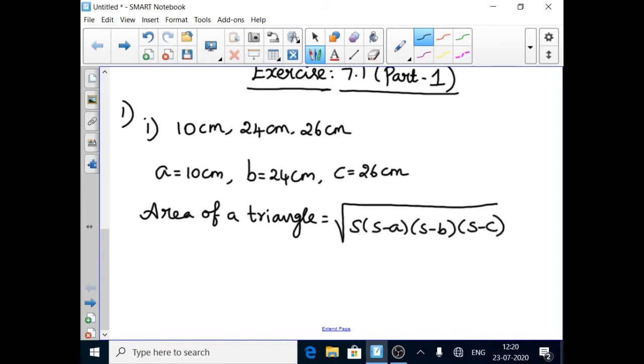So what we want to do? First we should find s. s is equal to a plus b plus c whole divided by 2.